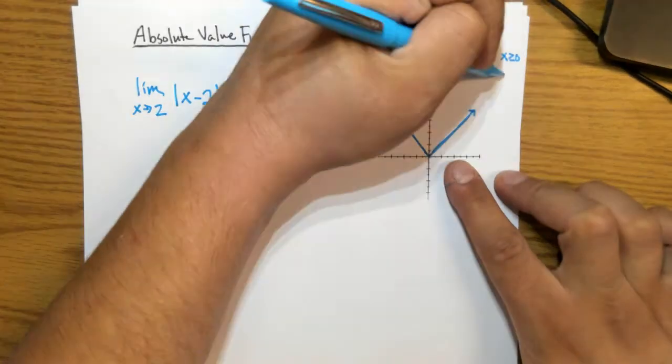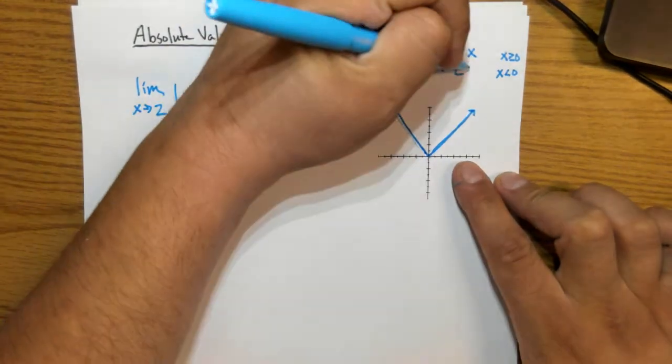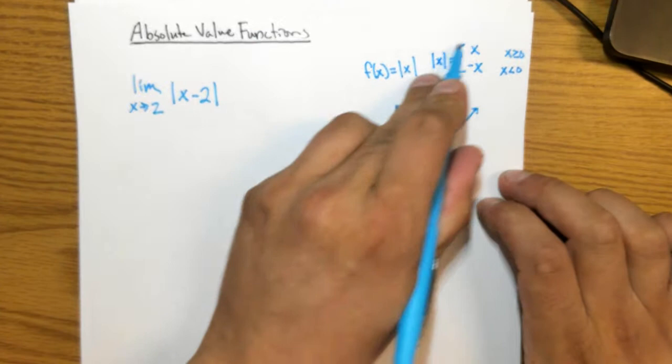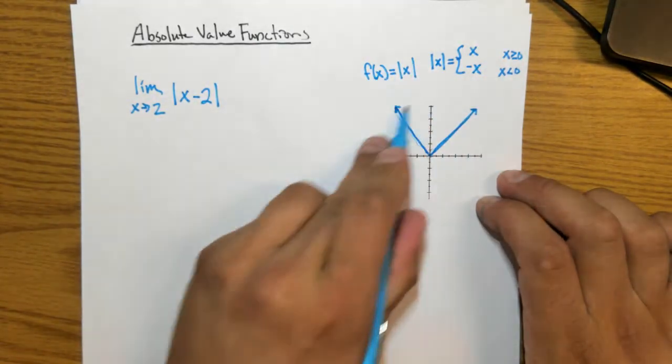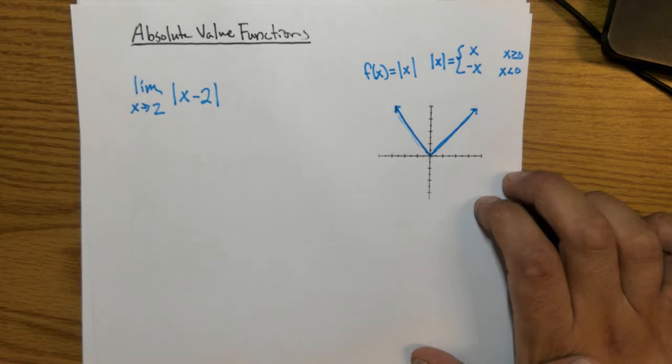However, when x is less than 0, our function is going down, it's negative x. So let's start thinking about absolute value functions as piecewise functions as well.